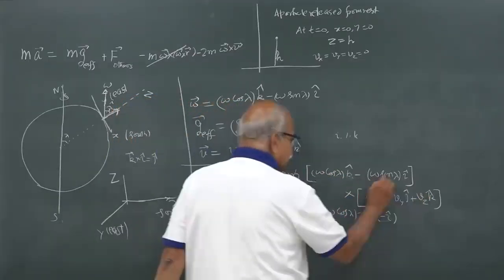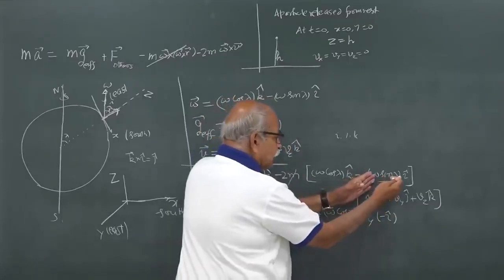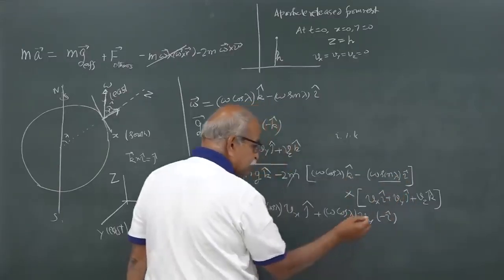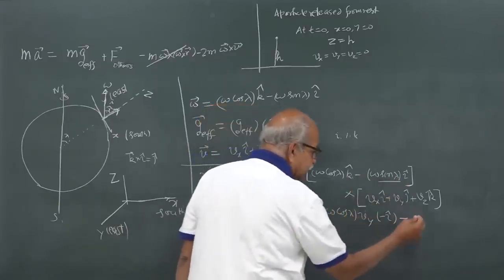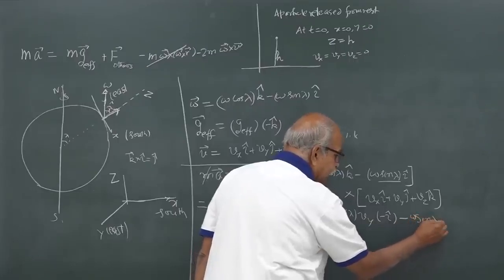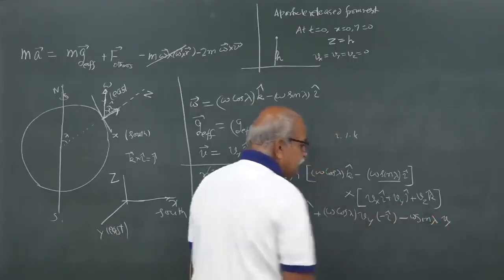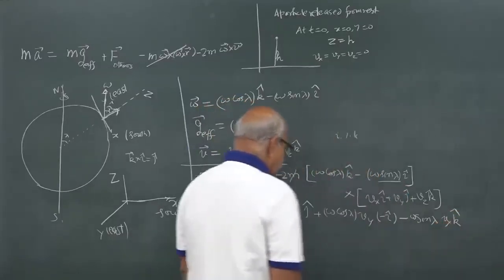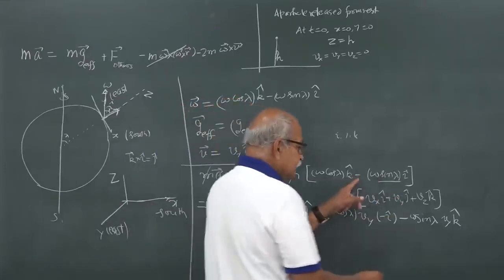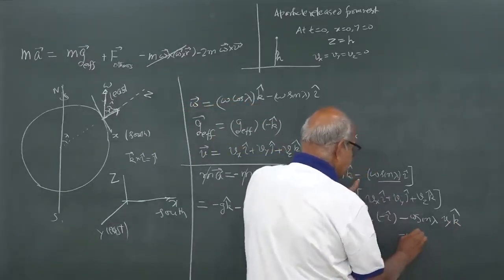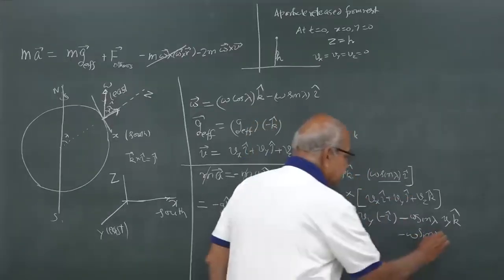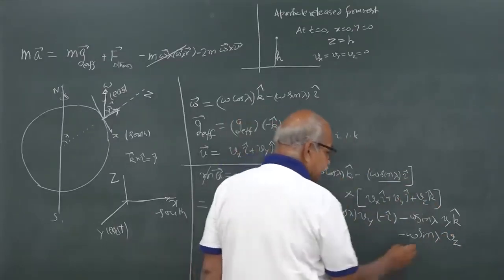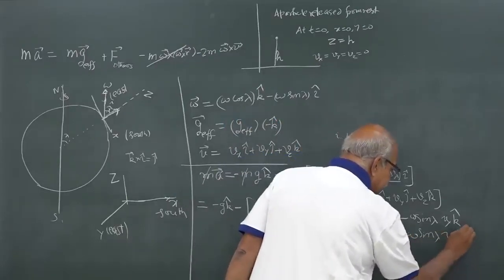Now come to this one. Minus omega sin lambda, and i cap cross i cap is 0. Then minus omega sin lambda and Vy, and i cap cross j cap, which will be k cap. Then minus omega sin lambda and Vz, and i cap cross k cap is minus j cap. So this becomes plus here, and this becomes j cap here.